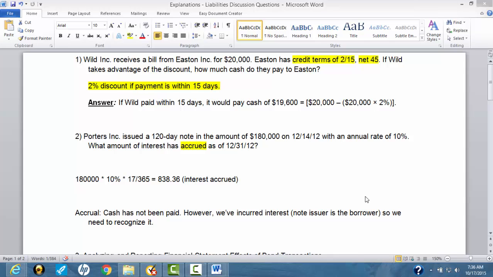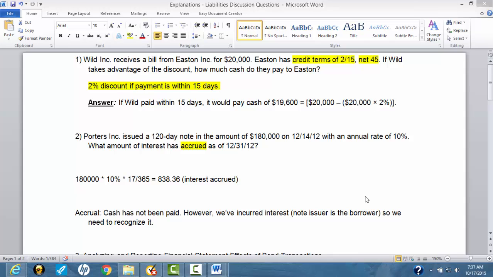Now, Porters issued a 120-day note. Once it issues this note in exchange for 180,000, it means that it is borrowing 180,000, and the lender now has that note, which is a contractual obligation that binds Porters to make payment plus interest.